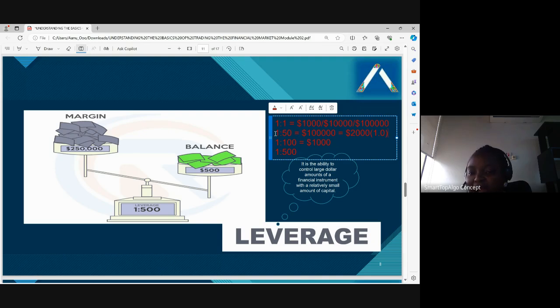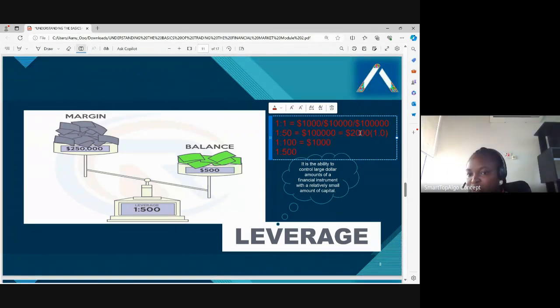So if you use a leverage of 1 to 50 and you want to use a lot size of 1.0, you must have a minimum of $2,000. Remember, this 100,000 is the standard lot. We have micro, we have mini. You can use the others. I'm just using the example of if I decide to trade with the standard lot.